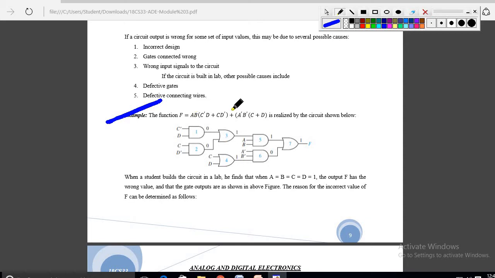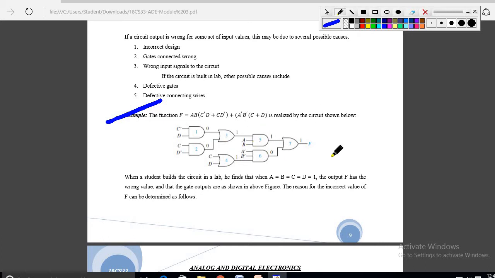Four inputs, A, B, C, D. For C bar D, one AND gate is required, and for C D bar, one more AND gate is required. After that, the output of this is 0 0. Somehow you have to write it.